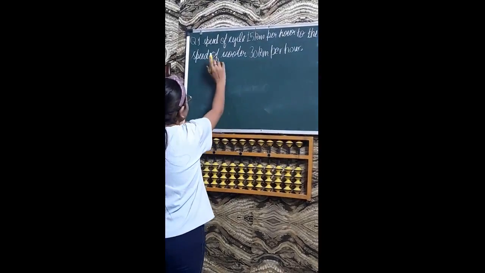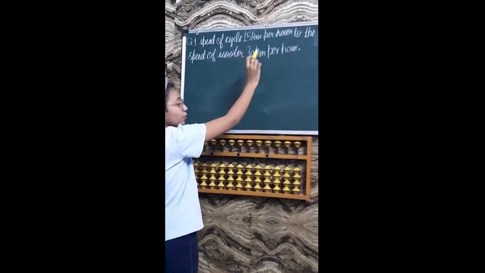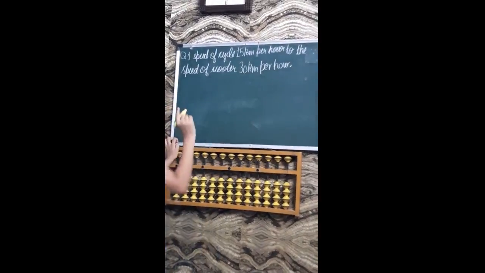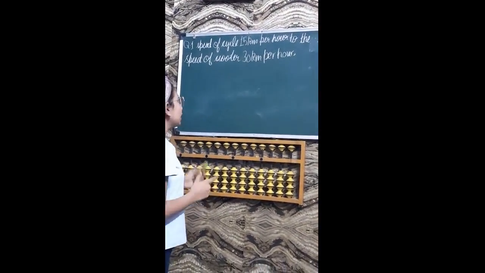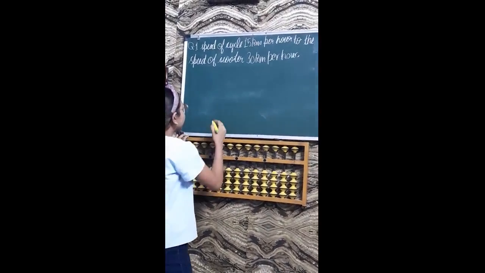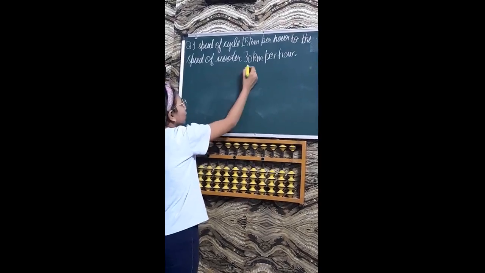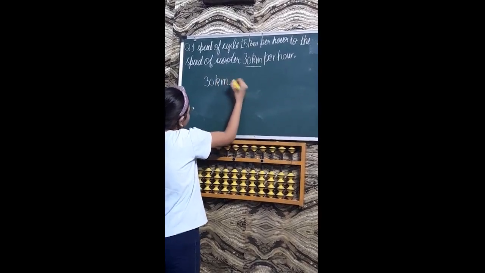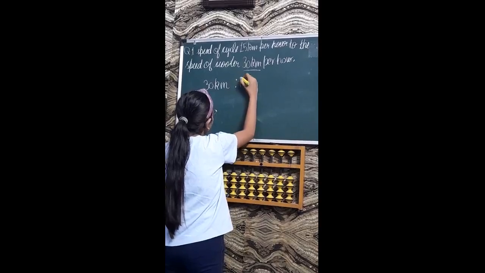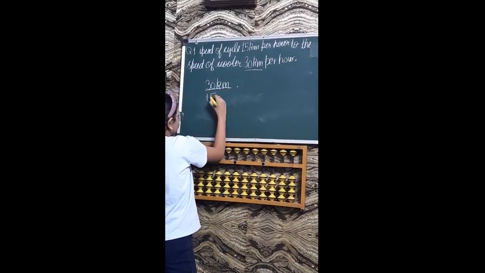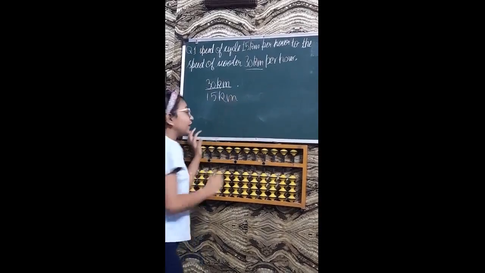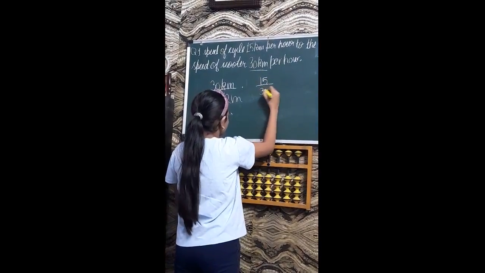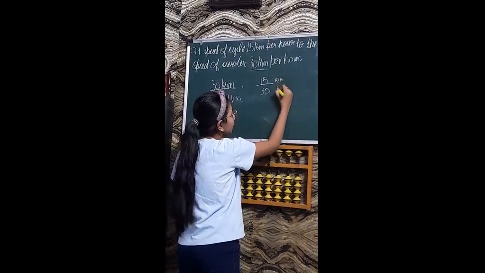It says that the speed of the cycle is 15 km/h and the speed of the scooter is 30 km/h. Sometimes, as I told you earlier when I was giving notes, we make the mistake of writing the last thing first because we think it is the bigger digit. So we write like this: 30 km and 15 km. Like this we do division. And what if we divide 15 by 30, so it will be a problem.